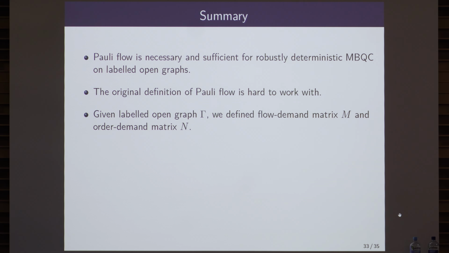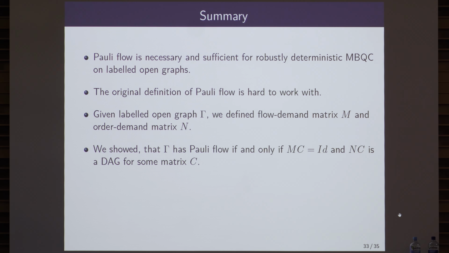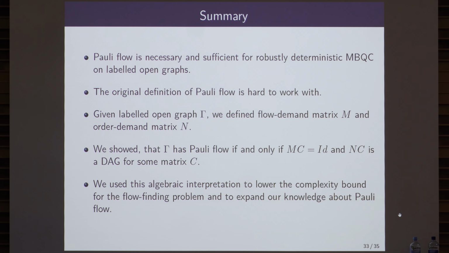The way that I approached the question of can we make that set of conditions smaller was to use some linear algebra. So define some matrices and show that conditions for polyflow can be visualized by matrix multiplication and looking for an inverse. That's the gist of this algebraic interpretation.